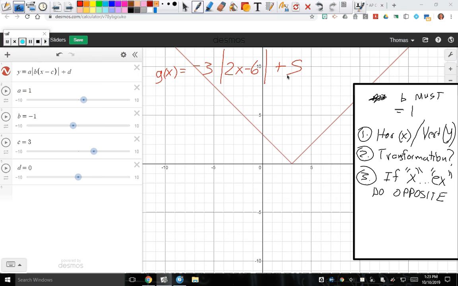How many transformations do y'all see? 4? 3? It's okay, keep guessing. You've got to analyze it. You're not going to necessarily know, but I want you still thinking about it. There's actually 5. And it has a specific order that I want you to list them in.